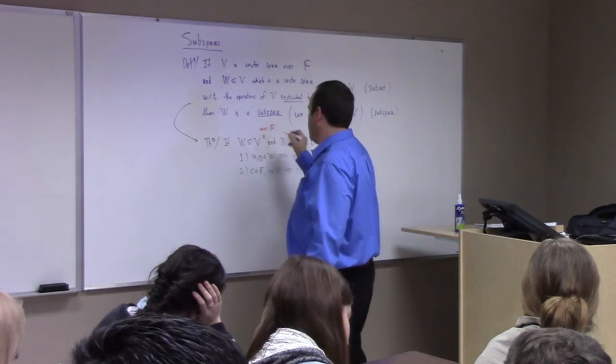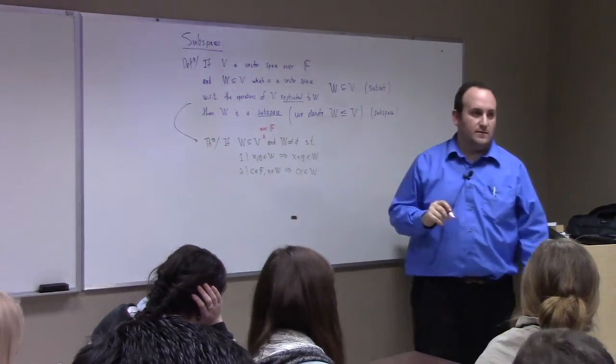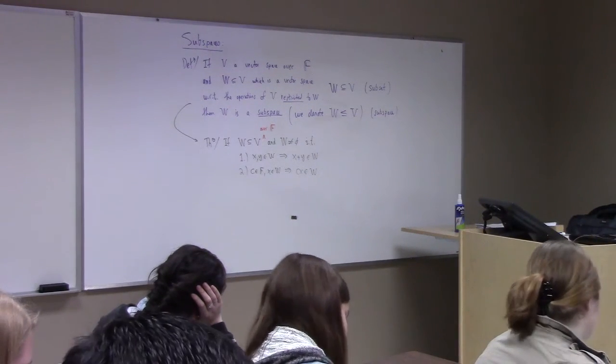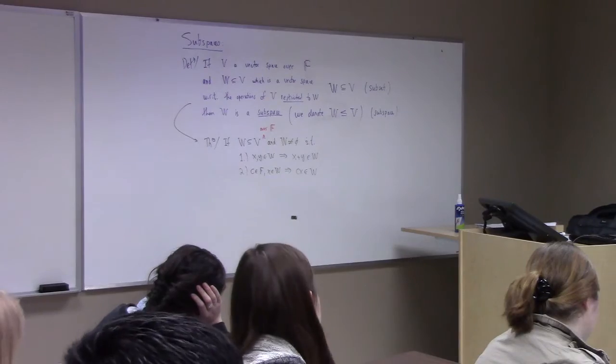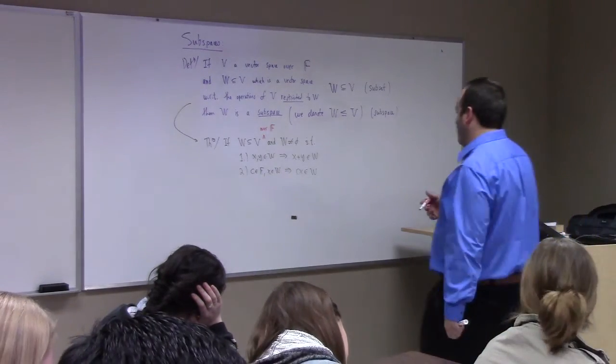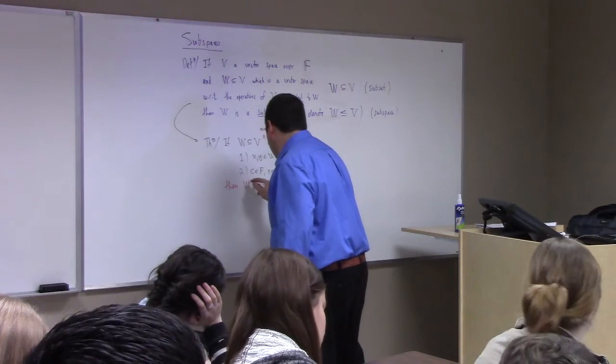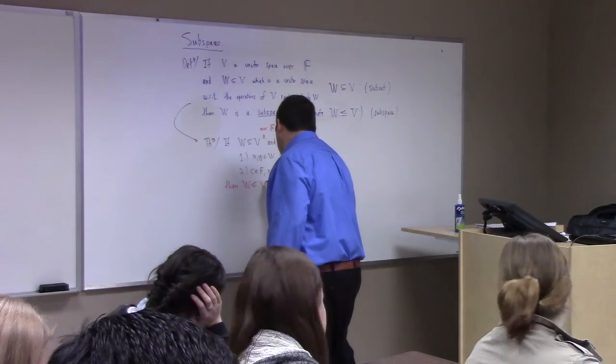I'm talking about V over the field F, okay? This is being done with respect to the field F. Then what's the punchline? Then W is a subspace of V.